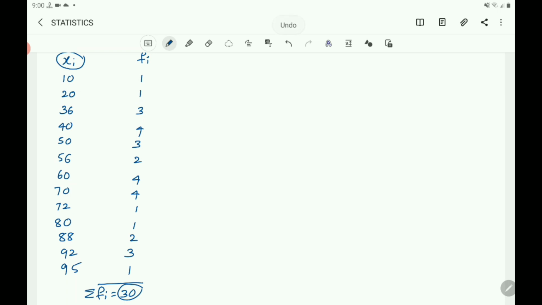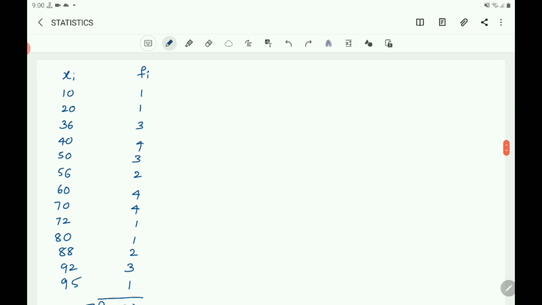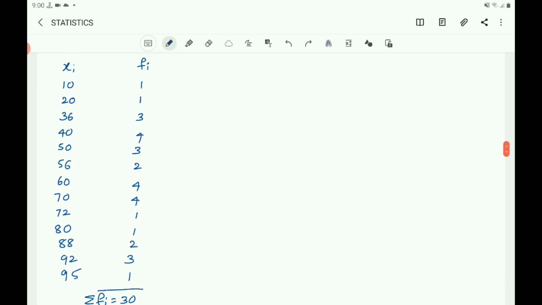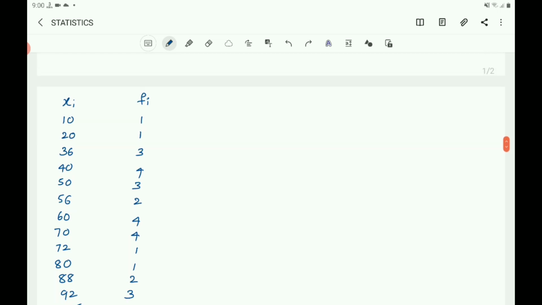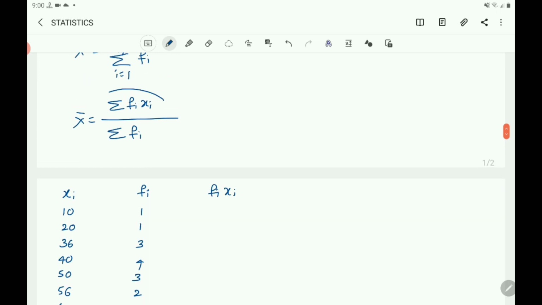It is grouped data having frequency and data. To find the mean, we have to find the summation of the product fi xi, so find the product of xi and fi.